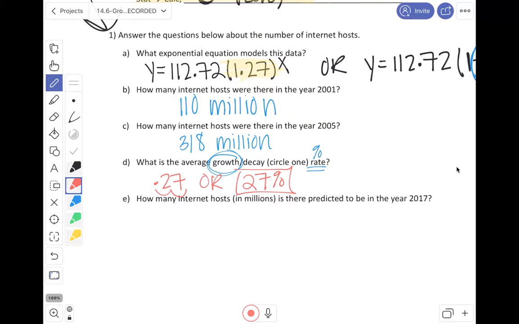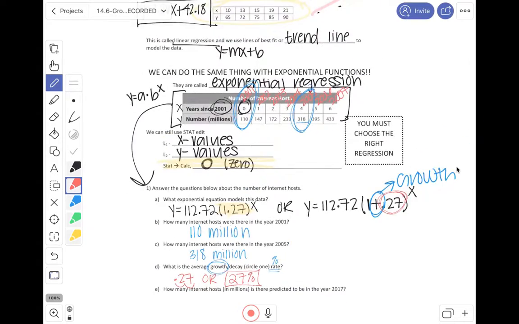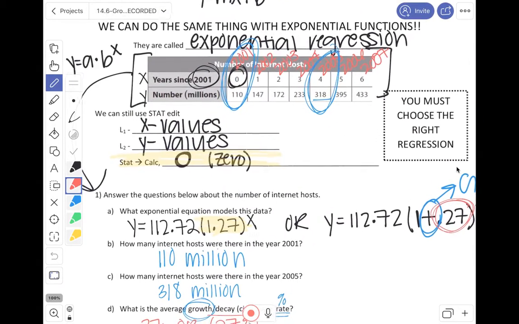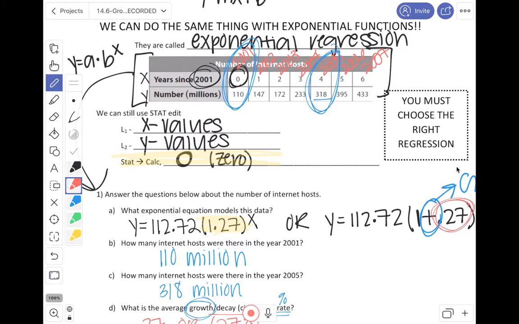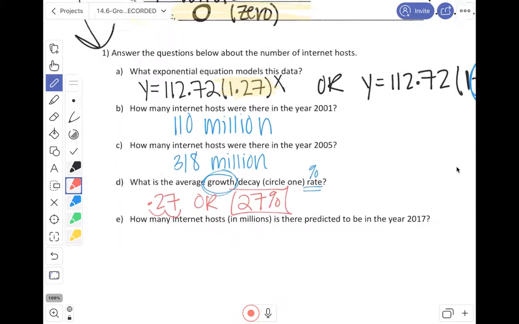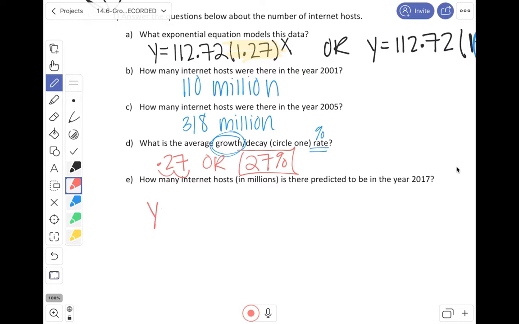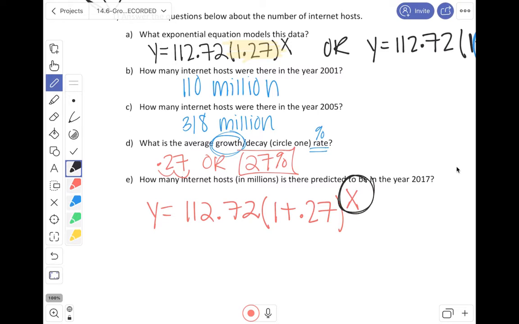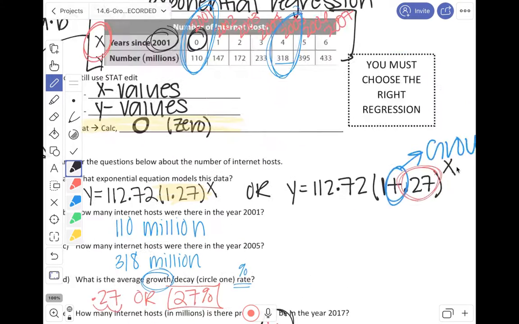Then it says, how many internet hosts in millions are predicted to be in the year 2017? Well, if you notice, year is my x. So in my equation, y equals 112.72 times 1 plus 0.27 to the x, I'm going to be plugging in for x and solving for y. So I want to know in the year 2017.